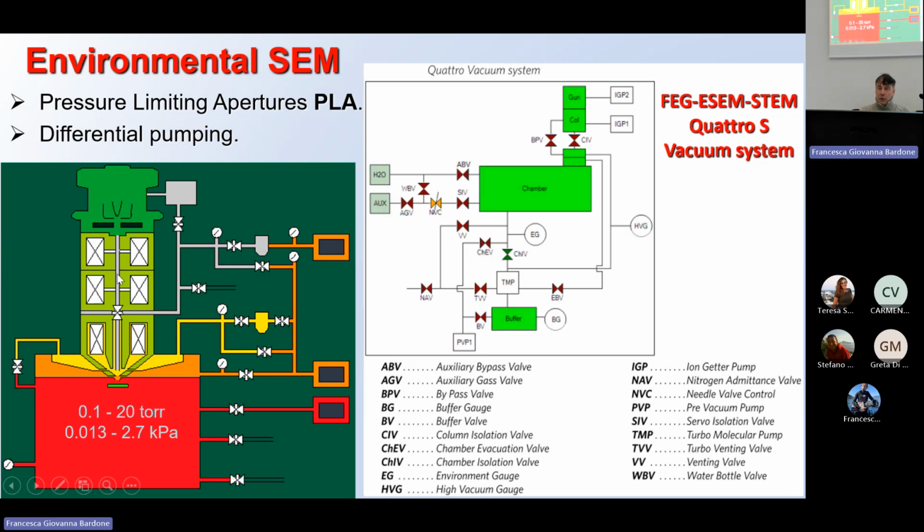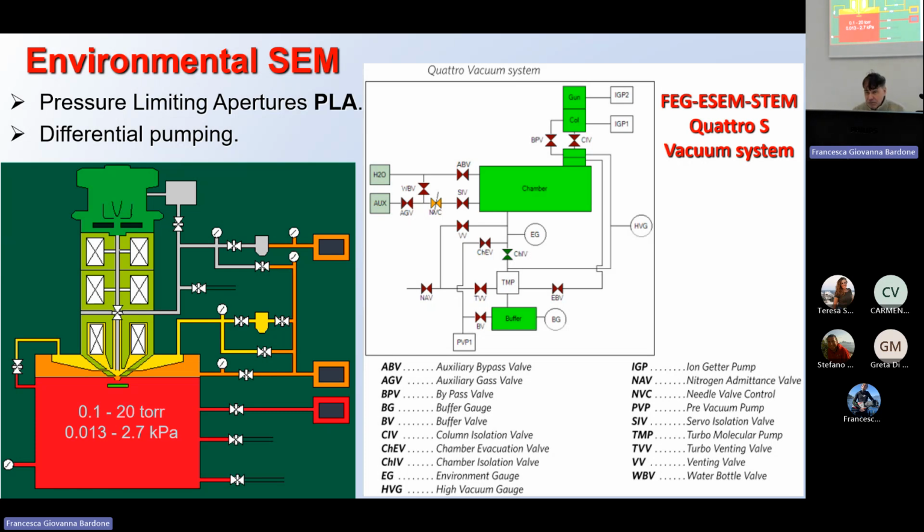They move through the column, through this very small aperture, down to the sample, and the sample is very close to the final aperture. So the electrons which pass through the final part at very high pressure have to pass a very, very small path. So they don't lose energy, don't lose much information during this part.